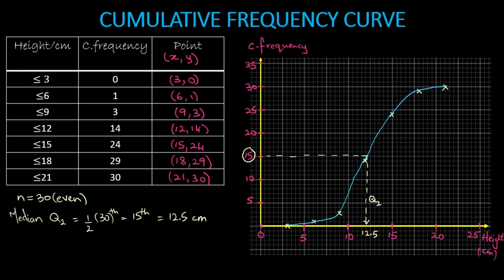Similarly, we can find the lower quartile. The lower quartile, which is given by Q1, is 25% of the distribution, meaning 1/4 of the total. 1/4 of 30, which is 30 divided by 4, of course, 7.5.